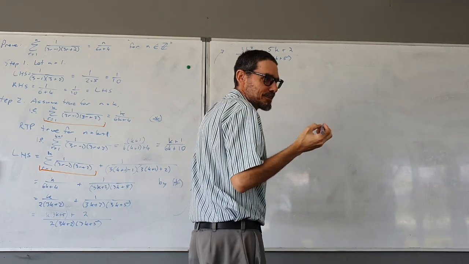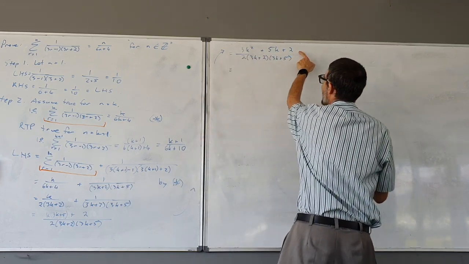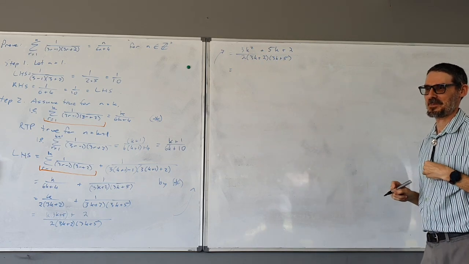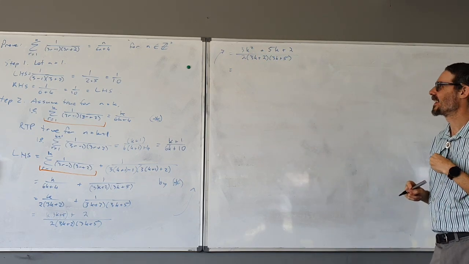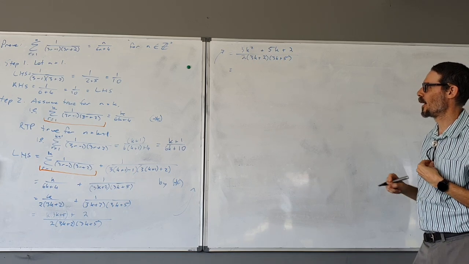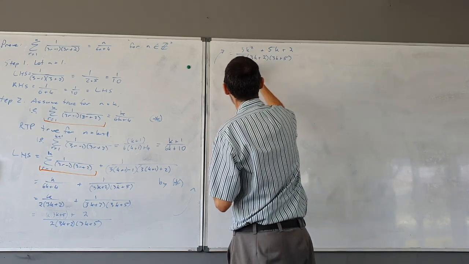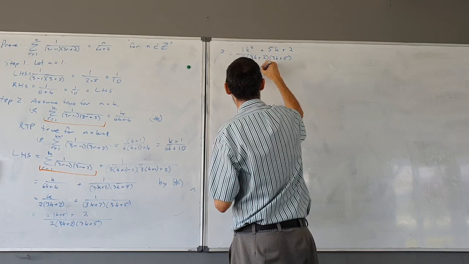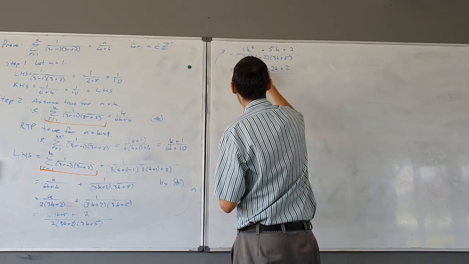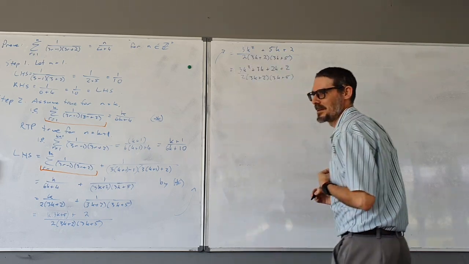You won't need it till later, but it's fine. Okay. Factorise 2 numbers that multiply to 6 and add to 5. 3 and 2. So 3k squared plus 3k plus 2k plus 2, over 2 times 3k plus 2 times 3k plus 5.